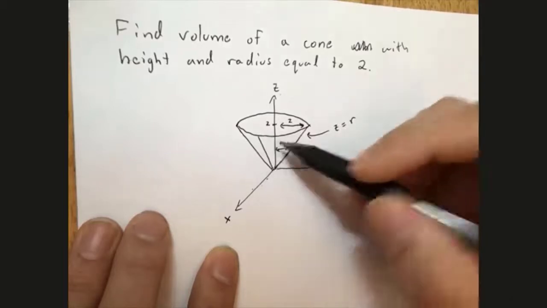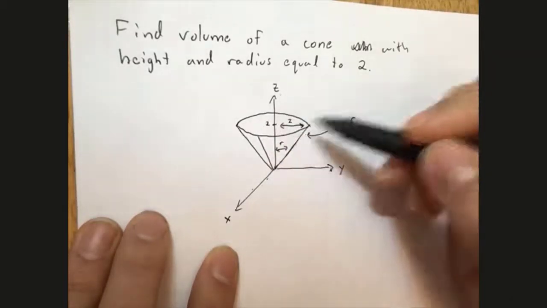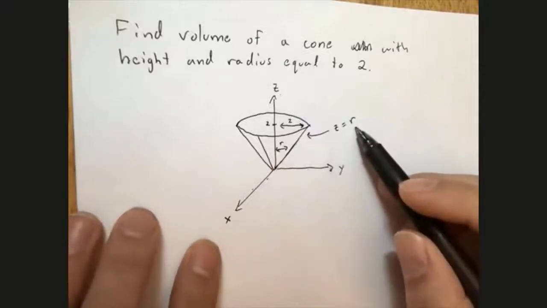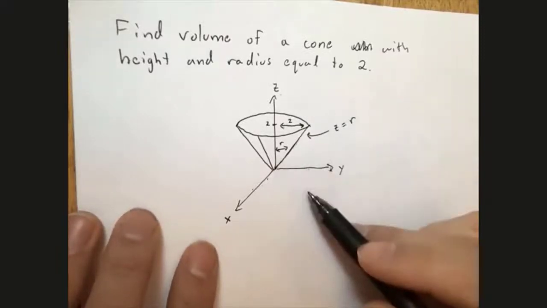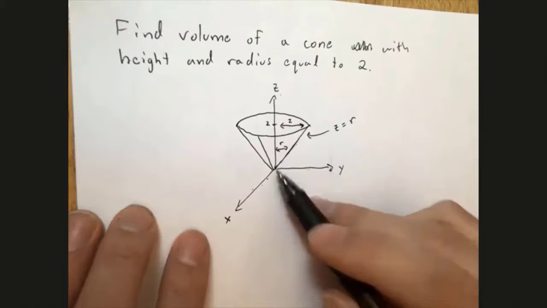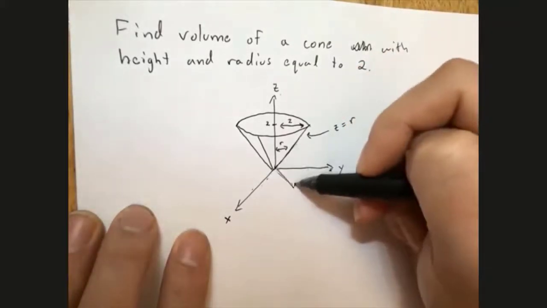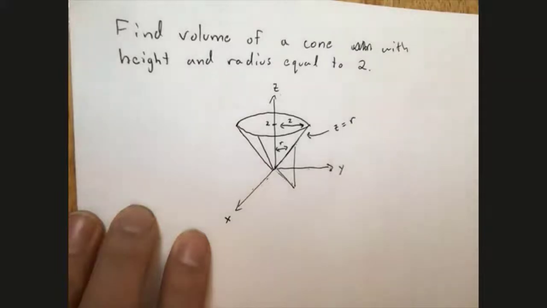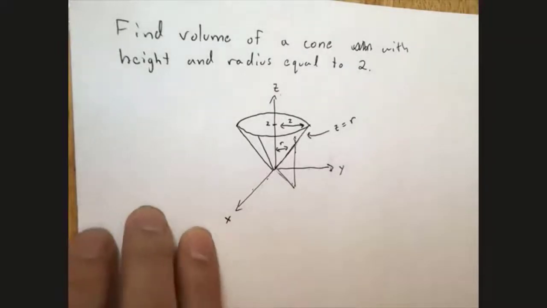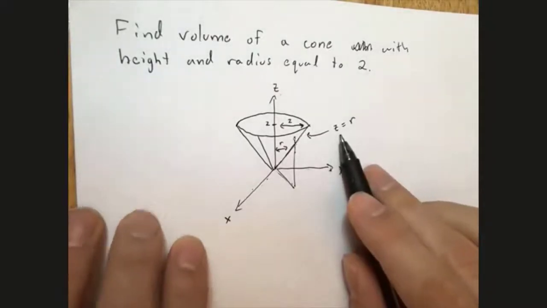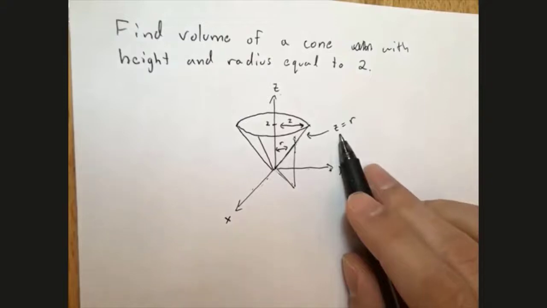And I think you can tell that as I spin around, the cone is really given by the equation z equals r in any direction. If I just go out some distance in the r direction and go an equal distance up, if I make my z equal to r, I will land somewhere on this cone. So the equation of this cone really is just very simple. It's just z equals r.